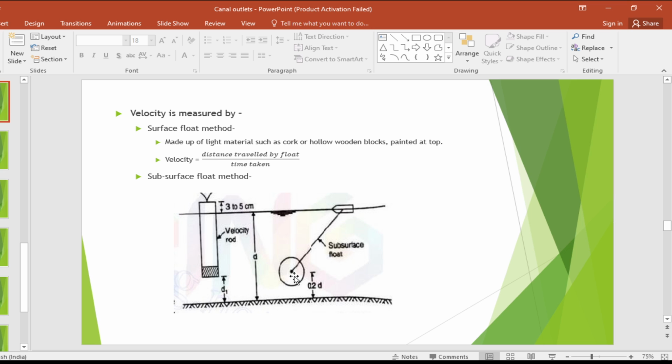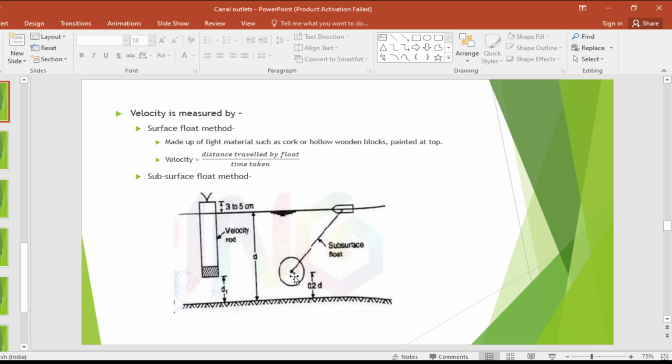Mean velocity can be obtained by adjusting the length of the cord such that the center of the sphere is 0.2d above the bed level. That means, if d is the depth of the water, the float should be 0.2 times that depth above the bed. Then only can we calculate the mean velocity of the channel section.